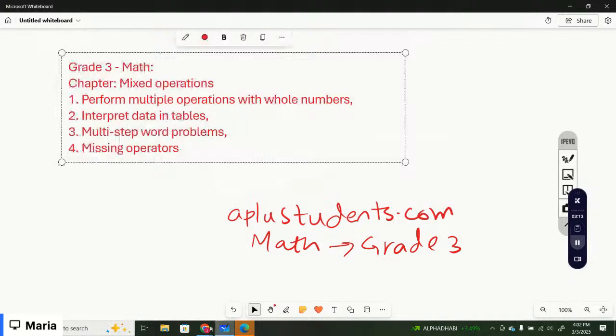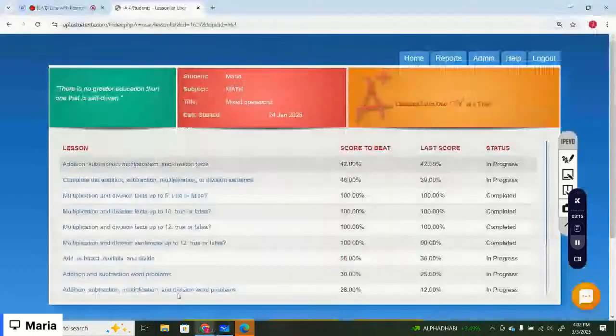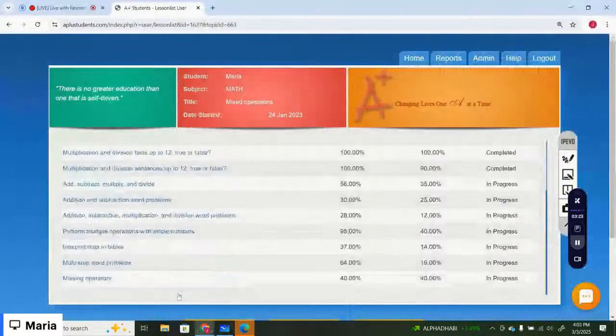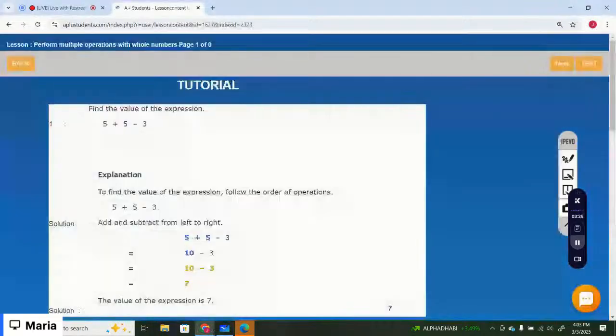I'm on grade 3 math. The chapter we're on right now is mixed operations. Let's start with the lesson perform multiple operations with whole numbers. Find the value of the expression 5 plus 5 minus 3.